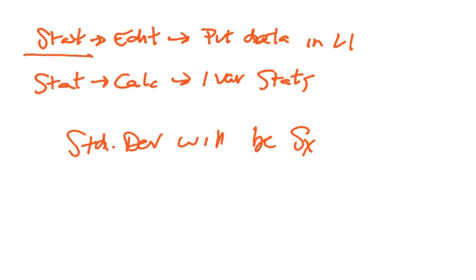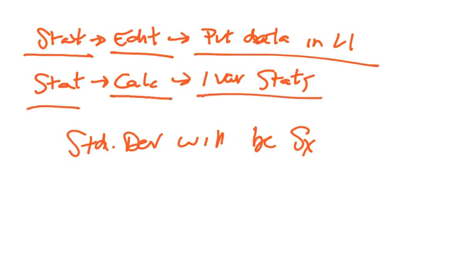So you click stat, edit, and then put your data in L1, and then go to stat, calc, one variable statistics. And when you do one variable statistics on L1, the standard deviation will be S sub x.